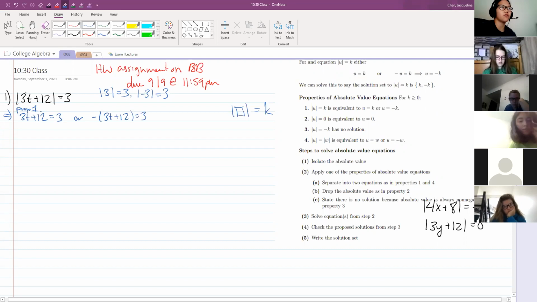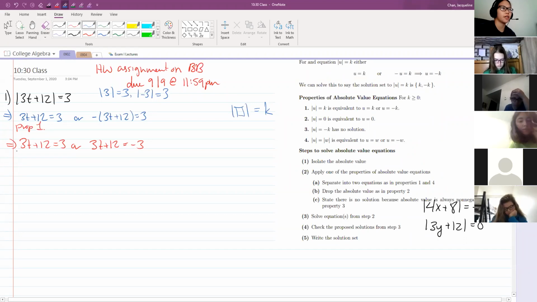But if you want to apply property 1, then it would just be 3t plus 12 equal to 3, or 3t plus 12 is equal to negative 3. Even if you use the definition, you'll end up getting to property 1, because if you divide both sides by negative 1, you will get this.